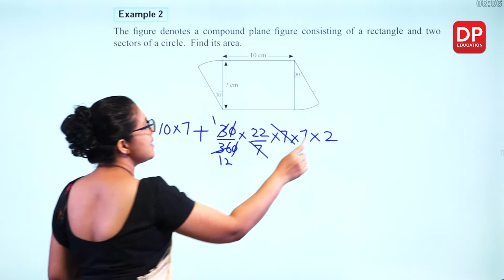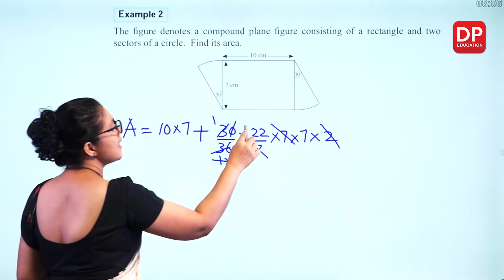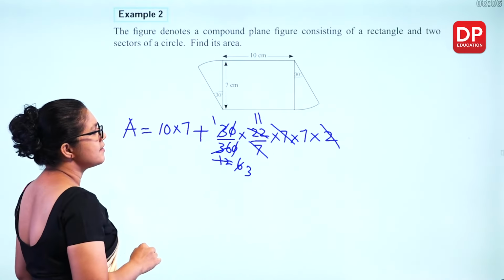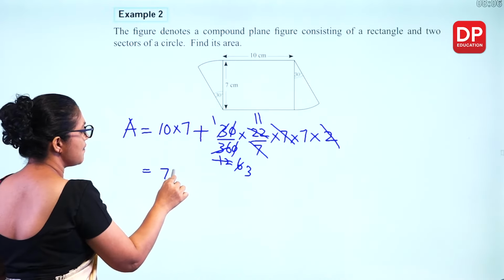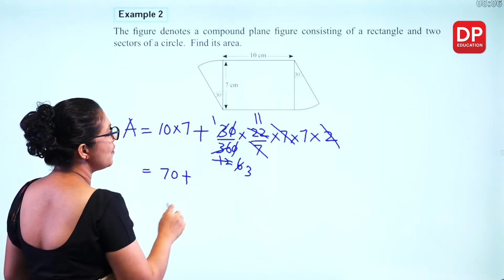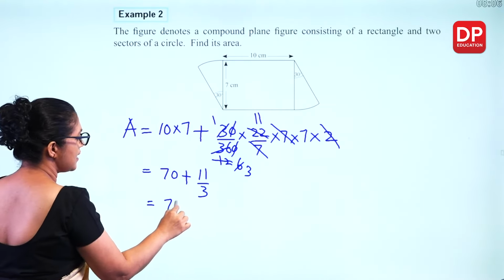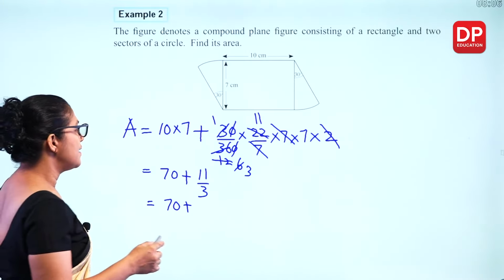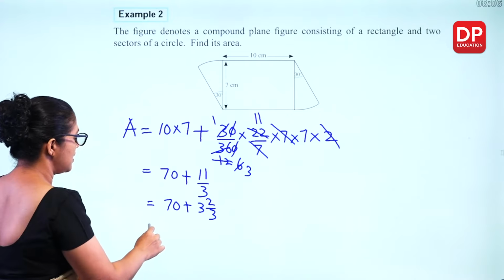Now again I can divide this by 2, I get 6 here. Again divide by 2, I get 11 and 3. So here I get 10 times 7, 70 plus 11 over 3. Here I can write it as a mixed number. 11 over 3 means 3 times 3, 9 and 2/3.